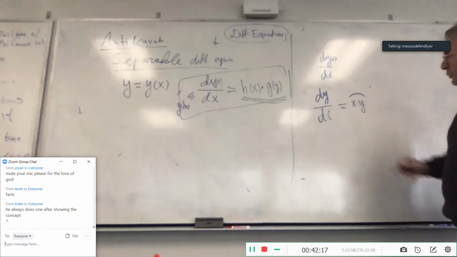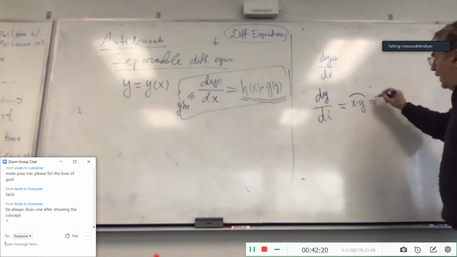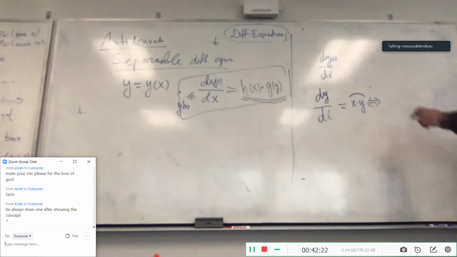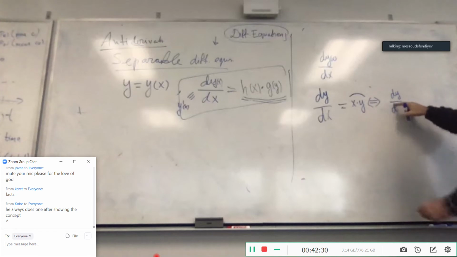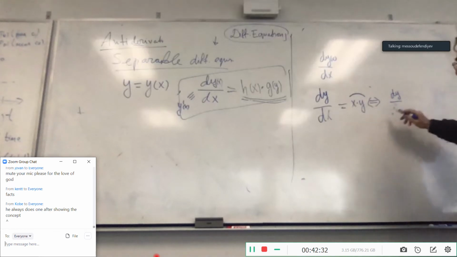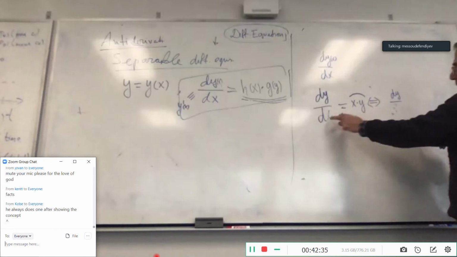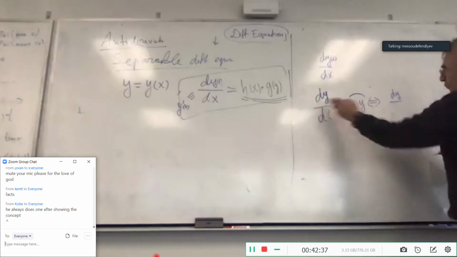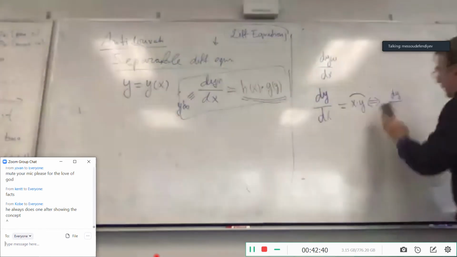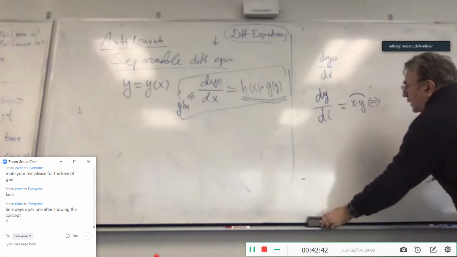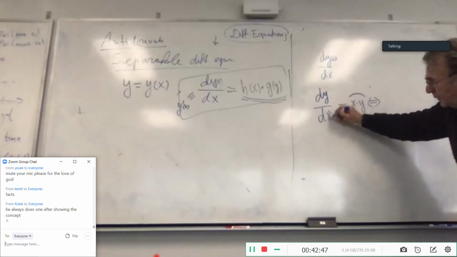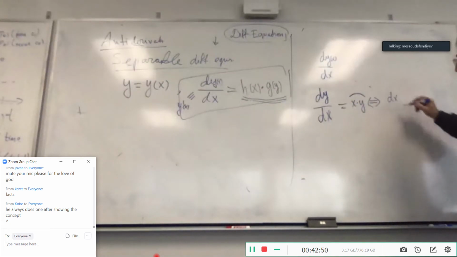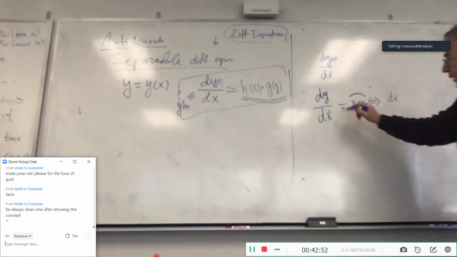And then what we have to do, how to handle this kind of equation. Since this is separated, I can multiply both sides by dx. You multiply and then you cancel.